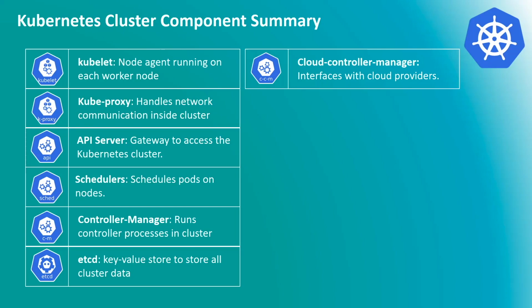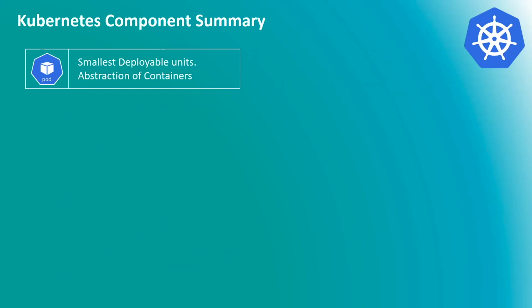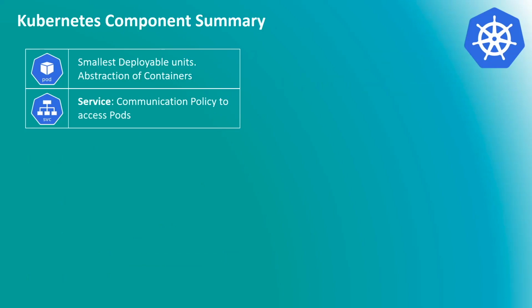Then we'll move to the other Kubernetes components. To start with pods, we saw that this is the smallest deployable unit, and it is the abstraction layer on top of the Docker containers or any other containerization techniques.